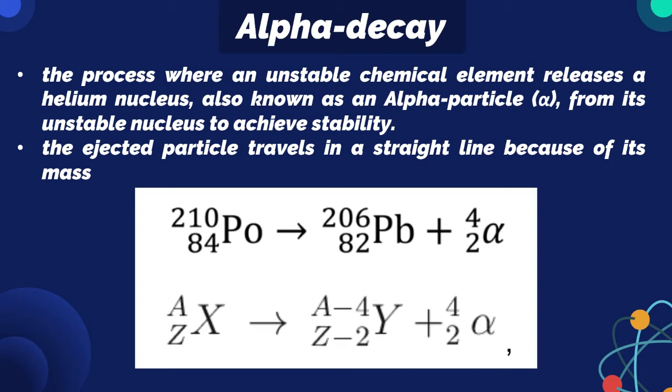Magiging 206 na lang po yan at magiging 82 na lang po ang kanyang atomic number. Therefore, kapag nabago na ang atomic number dahil sa pagtanggal niya ng proton, magbabago po ngayon yung identity ng element nyo. So, from polonium, naging lead na po at naka-form din siya ng tinatawag nating alpha particle. Kaya po siya tinawag na alpha decay, kasi nagre-release po siya ng alpha particle.